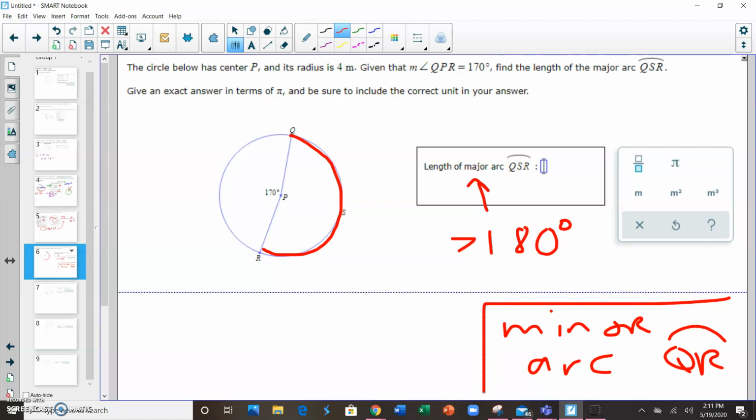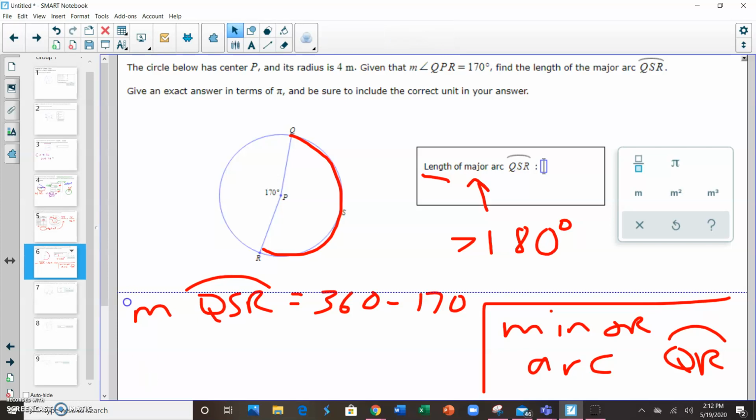Okay, so we want to figure out the length. We know the degrees. We know the measure of QSR is going to be equal to 360 minus 170, because there's 360 degrees in a circle. So we know the measure, but they are actually asking, what is the length?